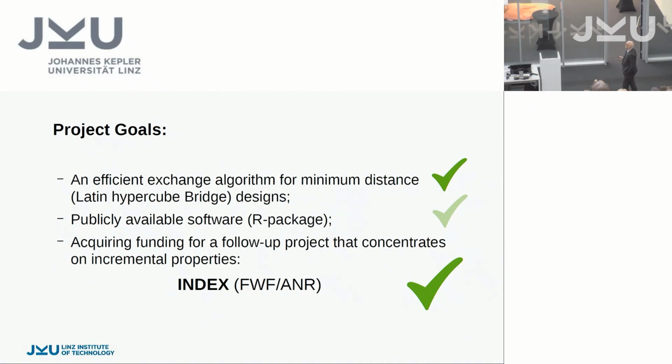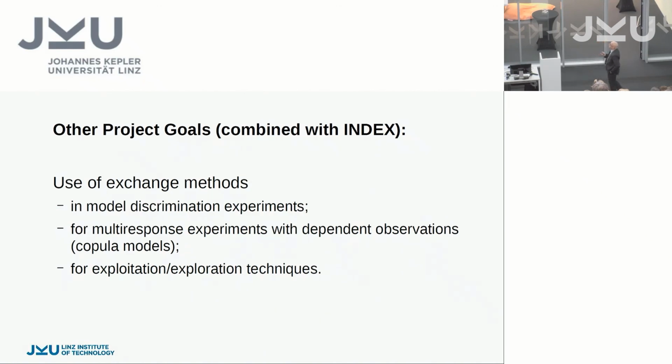And what are our other goals within the LIT project? Combined with the Index project, okay, we would like to use exchange methods not only for space filling and model estimation, but also for so-called model discrimination. That is, when you have candidate models and you want to decide which of the models better fits to whatever you observe.